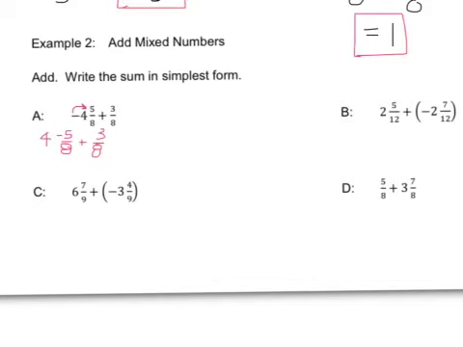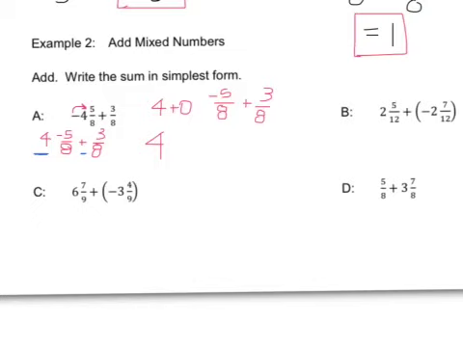Okay, to add these, add the whole numbers out front. From the 4 and 5/8 we have a 4. From the 3/8 we have a 0 because there's nothing there. So we're going to add the 4 plus the 0, and then also add the negative 5/8 plus the 3/8. 4 plus 0 is 4.